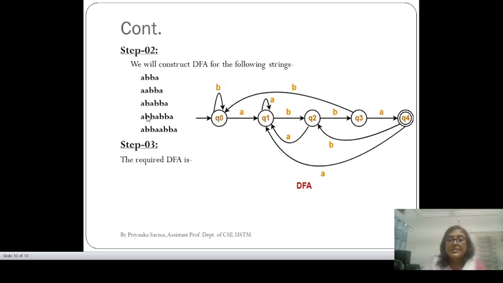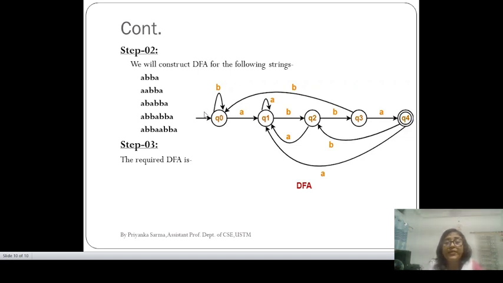Next symbols are double B, so the first B we accept from Q1 and move to Q2, and from Q2 the next B we accept and move to Q3. Then next symbol we need is A, so Q3 can accept A and move to Q4.